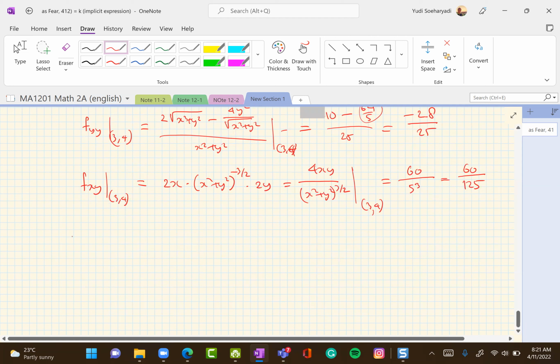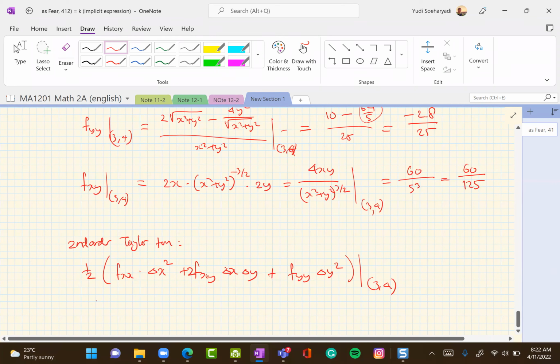Okay, and the second order term is 1/2 times fxx times delta x squared plus 2 fxy delta x delta y plus fyy delta y squared. There, computed, plugged in 3, 4.